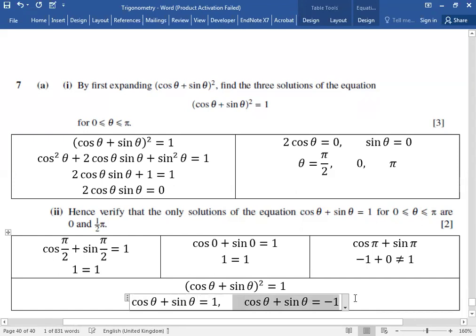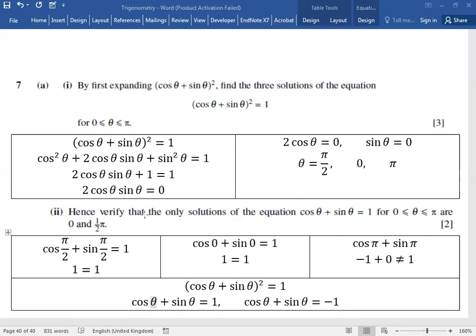Now you can plug in values and see that for 0 and pi by 2 this one is satisfied. The 3 solutions you found will satisfy either this equation or this equation. So 0 and pi by 2 do satisfy this equation. So there are two solutions. Is this clear?